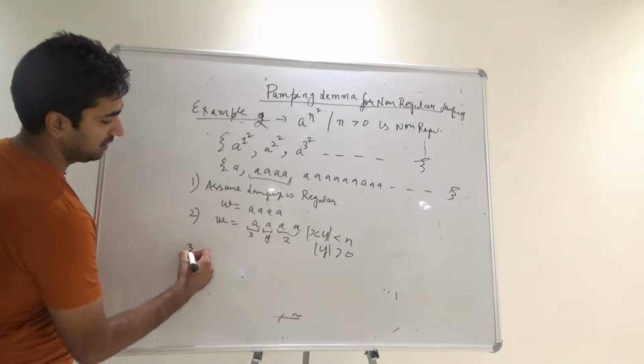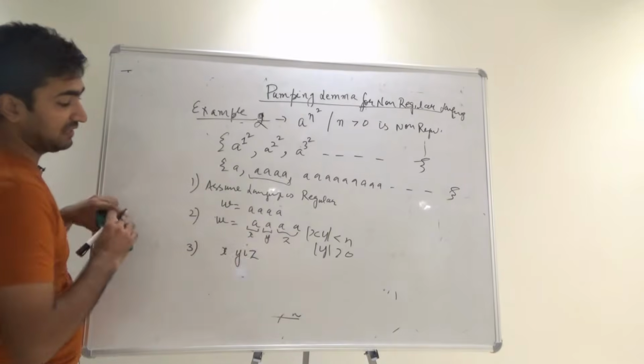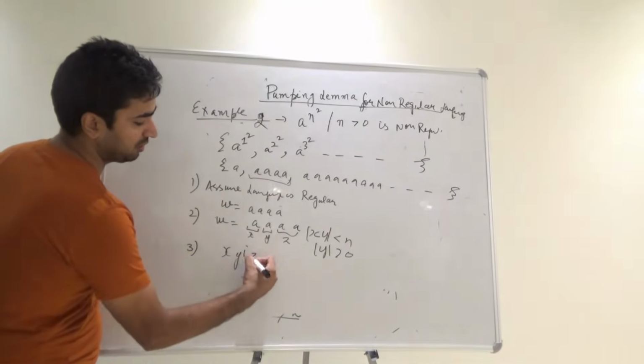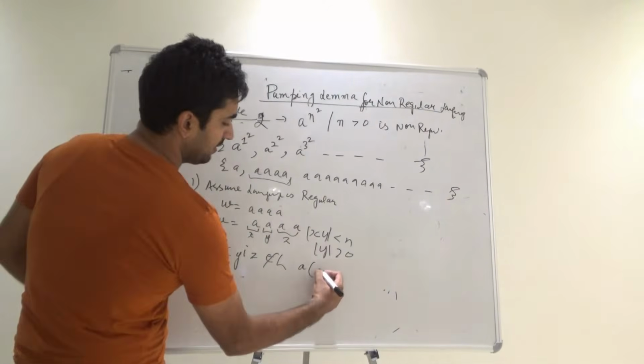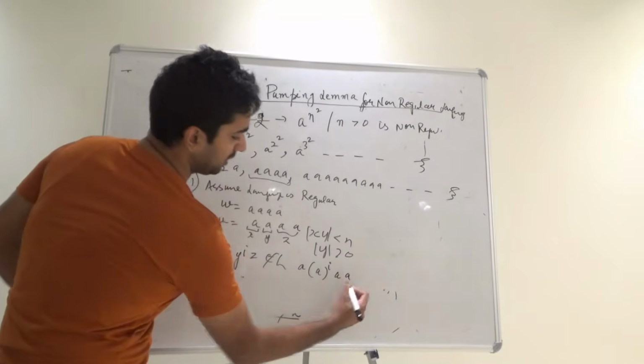That we have taken. Third, we have to check and prove that x, y power i, z should not belong to the particular language. So I am taking this a and a power i and 2 a's.